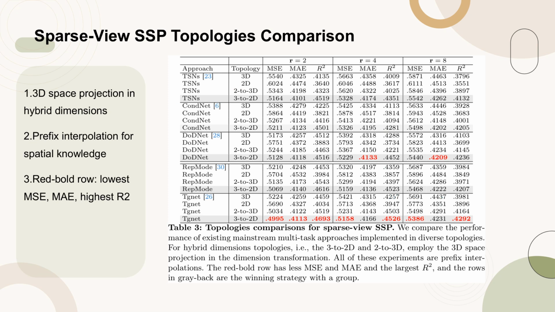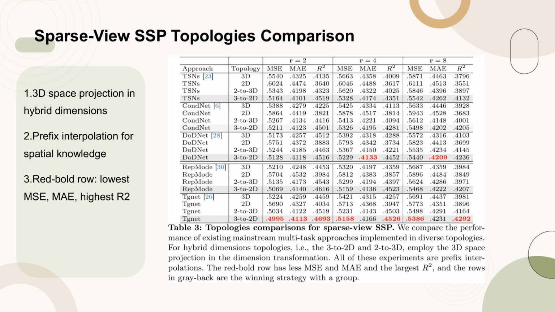Table 3 presents a comparison of various topologies for Sparse-View subcellular structure prediction, SSP. It evaluates the performance of mainstream multitask approaches implemented in different topologies. For hybrid dimensions topologies, such as 3 to 2D and 2 to 3D, the 3D space projection is employed in the dimension transformation.